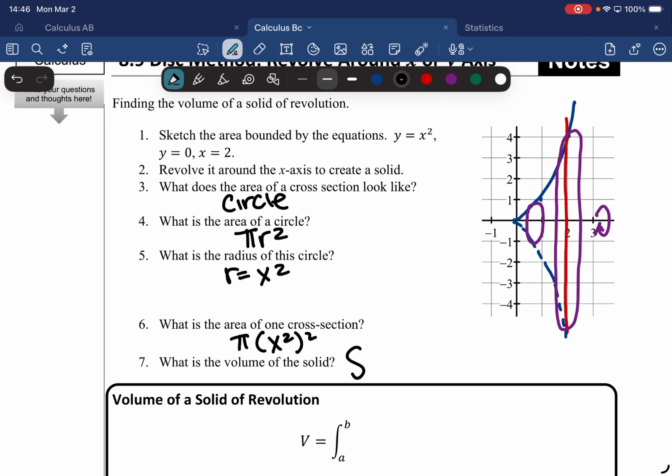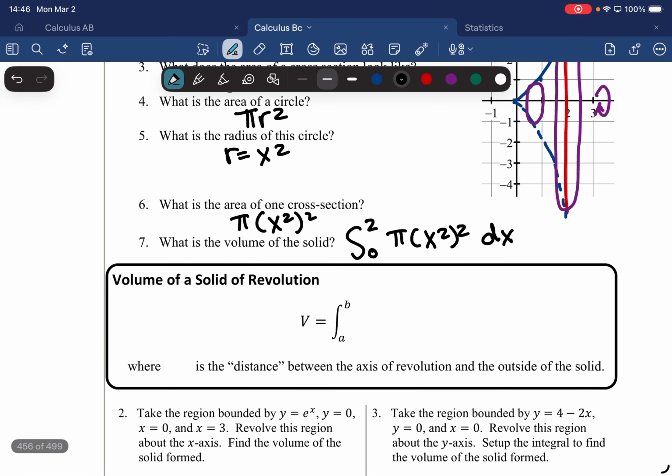Because it was bounded at x equals 2. We didn't go past that. So from 0 to 2 of our area, pi times x squared, squared, dx. This is how you would set up the graph and also set up your integration.